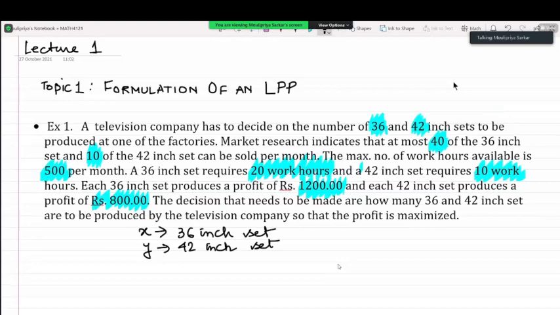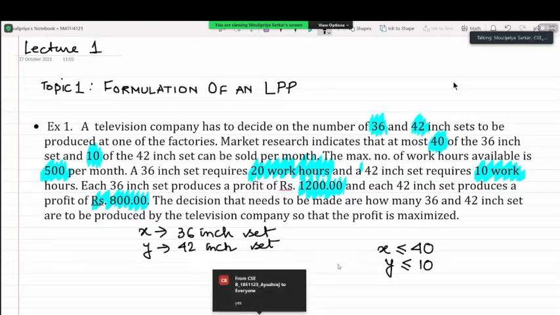So with the help of this statement, can I have an inequality like X less than or equal to 40? Am I correct with this? Yes, ma'am. And you are given that 10 of the 42 inch sets can be sold per month. That implies Y would be less than or equal to 10. Are we good till this?